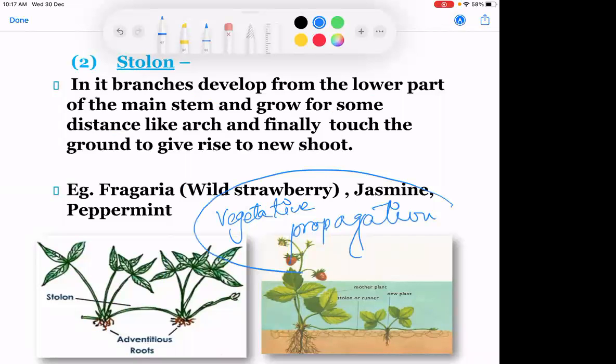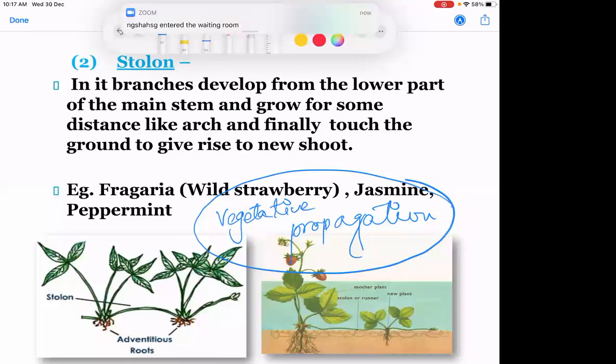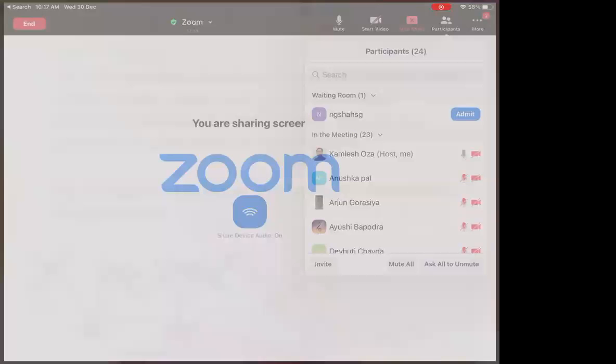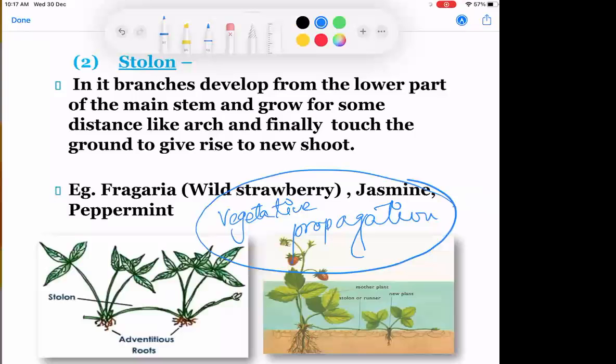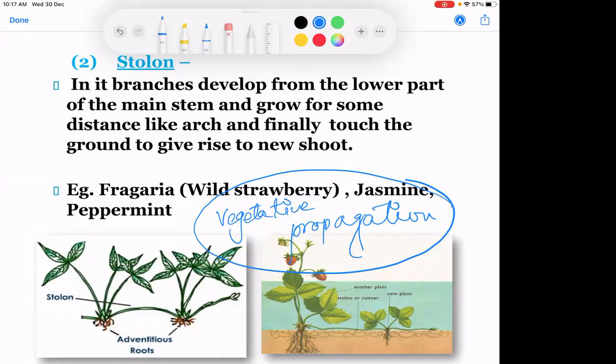Are you aware of this name or not? Yes or no? Yes, sir. Can you guide me about the meaning or the definition of vegetative propagation?